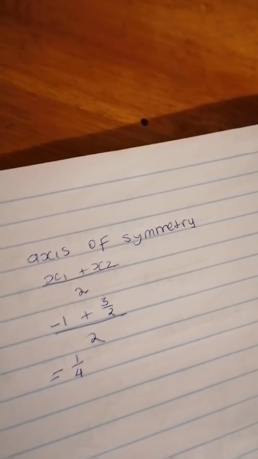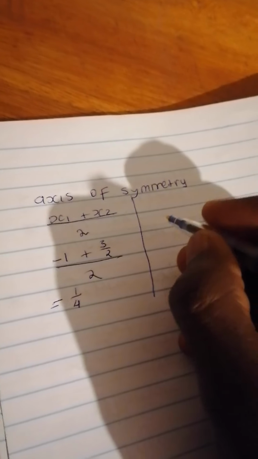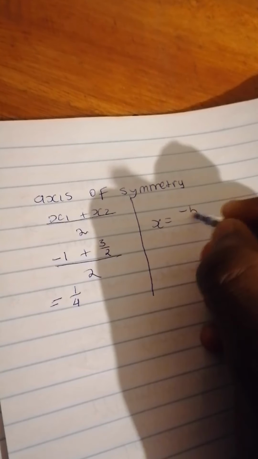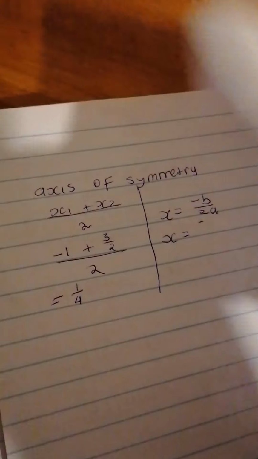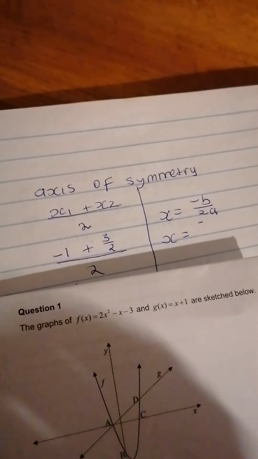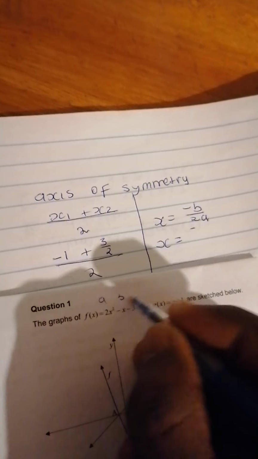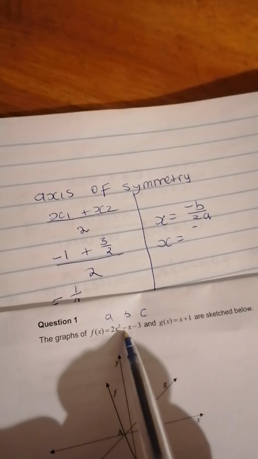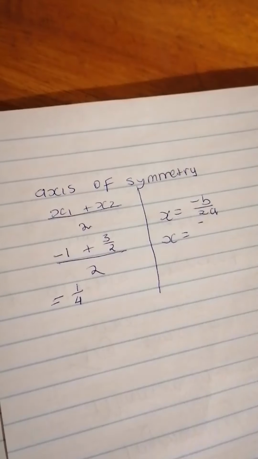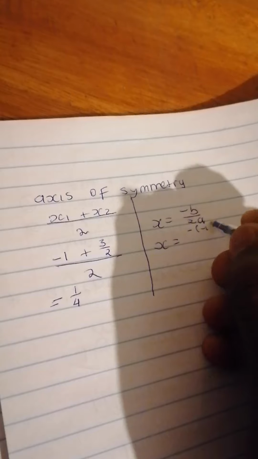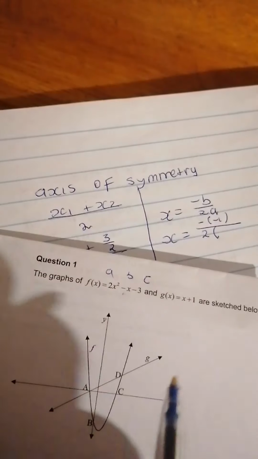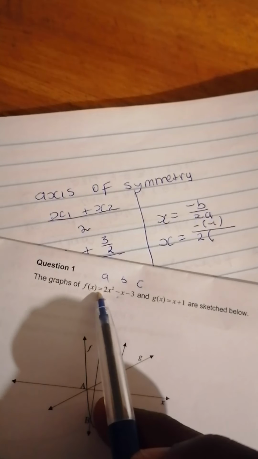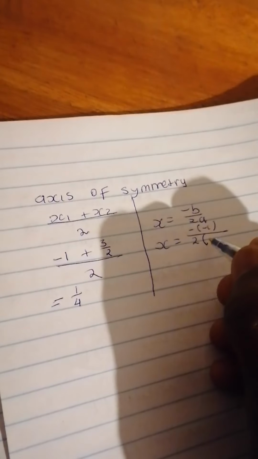Or you can use another method, x is equal to minus b over 2a. Here b is minus 1 and a is 2.